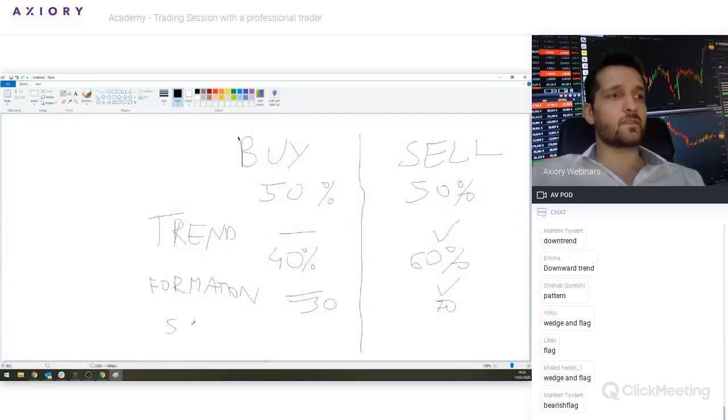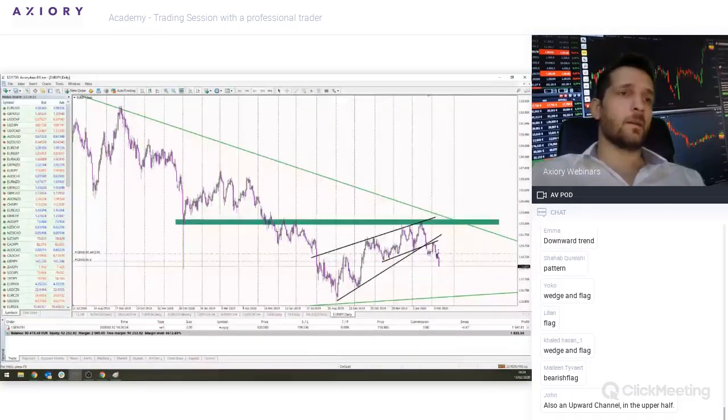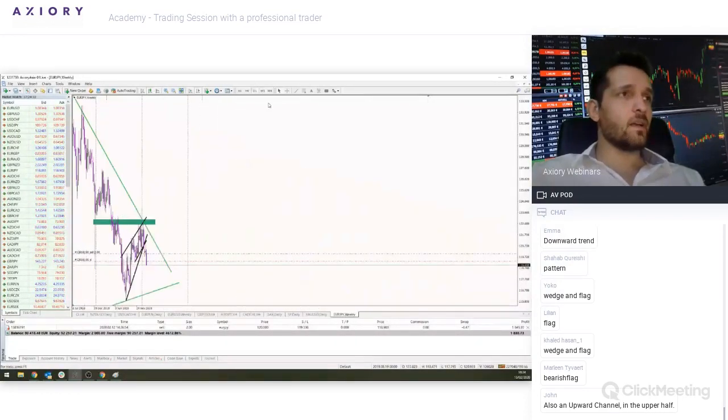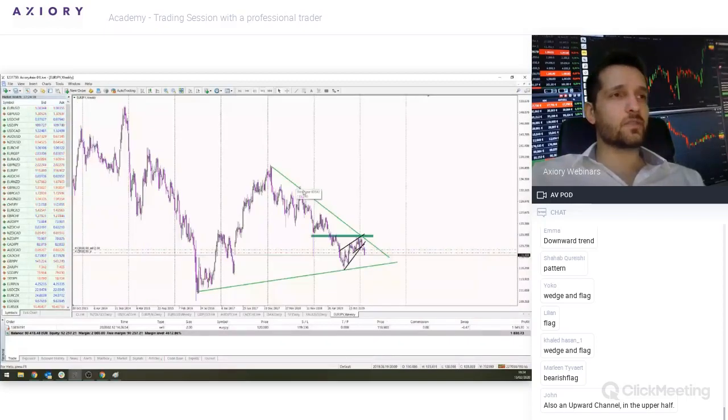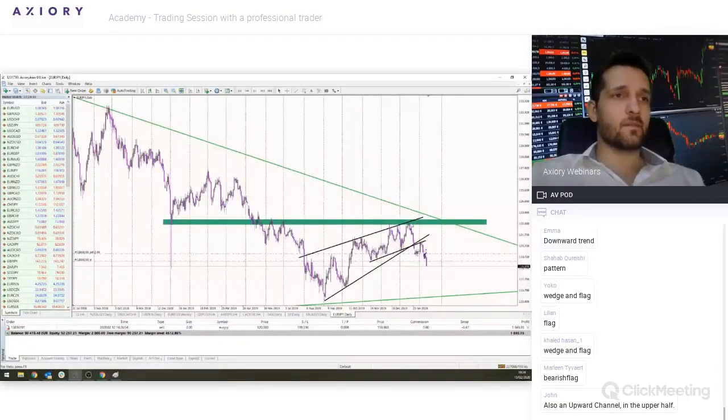Then I take into consideration support and resistance. Again, look at the chart. Broken supports tested as a resistance. Price being below major horizontal resistance. Price being below major downtrend line, which is a resistance. So we are below one resistance, one resistance, one resistance, one resistance, four resistances.